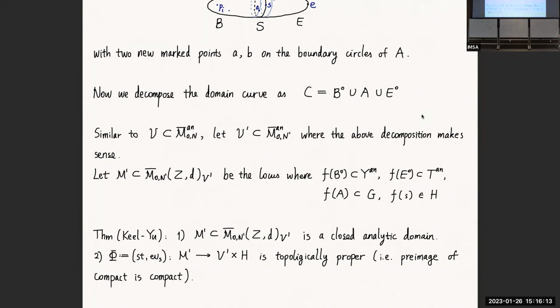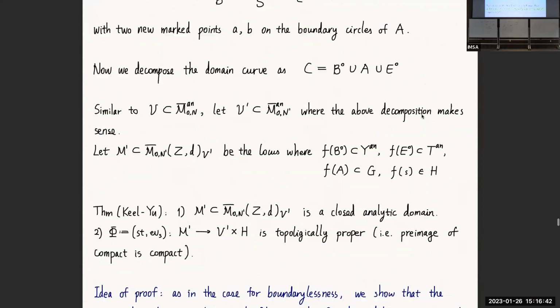Furthermore, this map phi, taking the stabilization of the domain curve and the evaluation of the marked point S, is topologically proper. It's just a relative notion of compact. Topologically proper means the preimage of a compact set is compact. So this is the compactness part that we established.